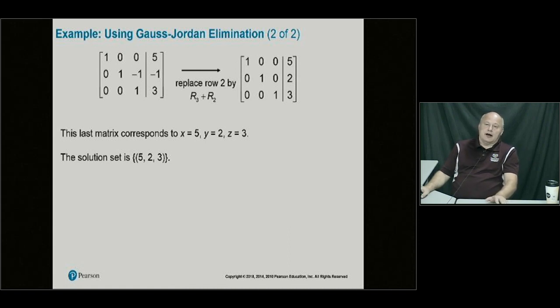Occasionally you'll have a system that's inconsistent, and that's probably a little bit more common than the third possibility, which is what I just explained about a plane being the answer. So when a system is inconsistent, you'll get 0, 0, 0, and 7, or some other number like 4. That's a contradiction, because 0 cannot equal that number.